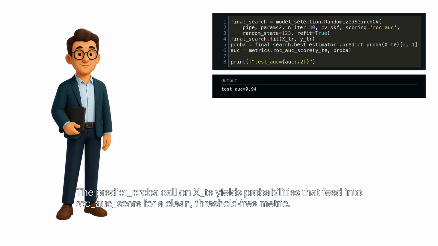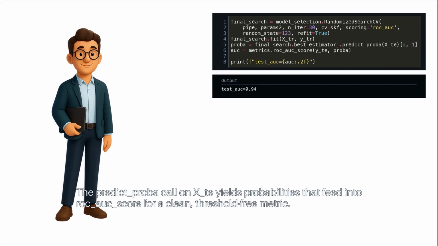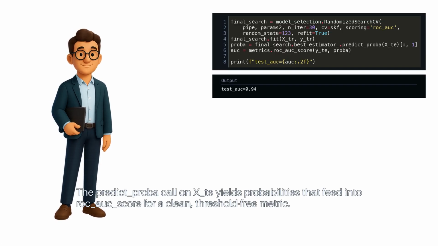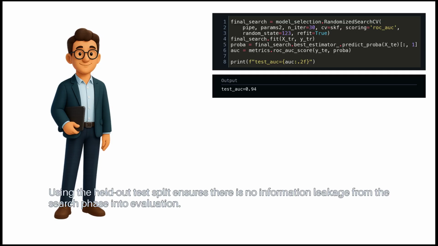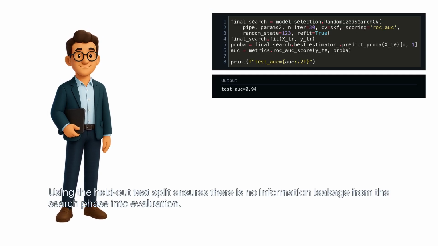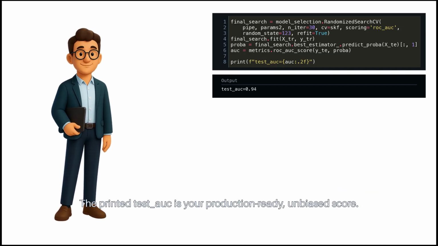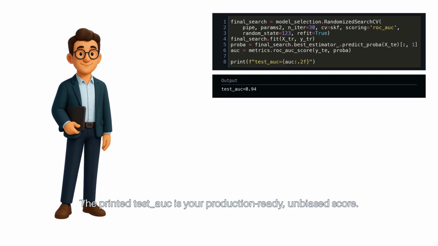The predict_proba call on X_te yields probabilities that feed into roc_auc_score for a clean, threshold-free metric. Using the held-out test split ensures there is no information leakage from the search phase into evaluation. If you increase n_iter here, you may squeeze out a bit more accuracy at extra cost. The printed test AUC is your production-ready, unbiased score.